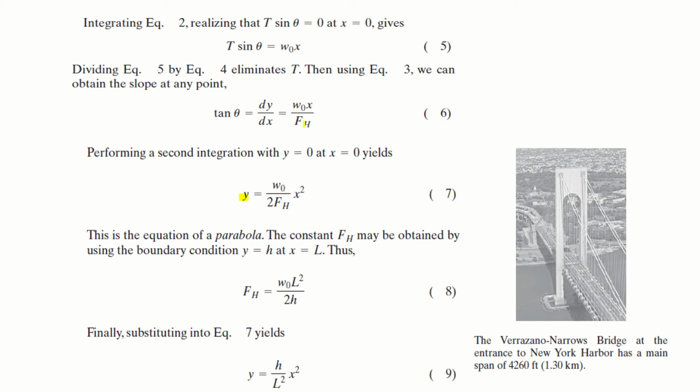So w naught divided by fh is constant, it will go outside the bracket, and you apply integration of x, so x square divided by 2 will be your integrated value. So y is equal to w naught x square divided by 2 fh.